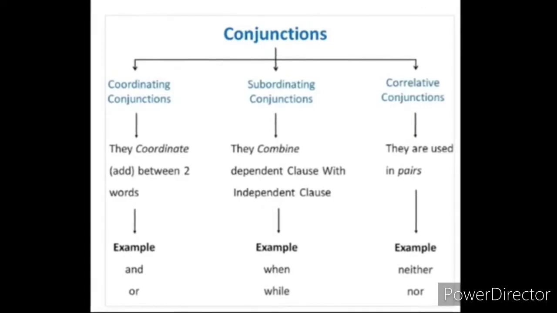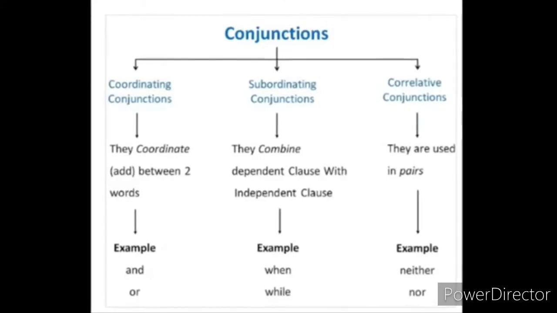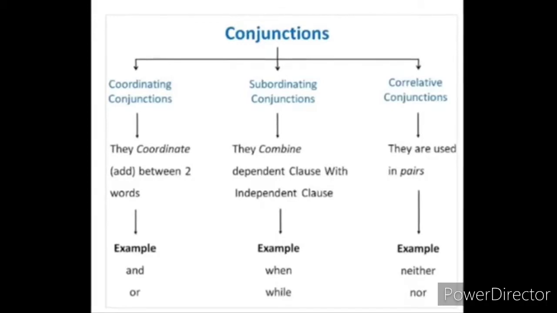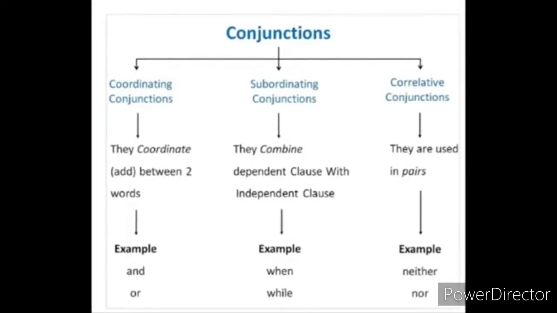And look at the third one, that is the correlative conjunctions. Correlative conjunctions are used in pairs. For example, neither nor, either or. That's all from the short note of these conjunctions. Let's see in detail now one by one with examples, children.